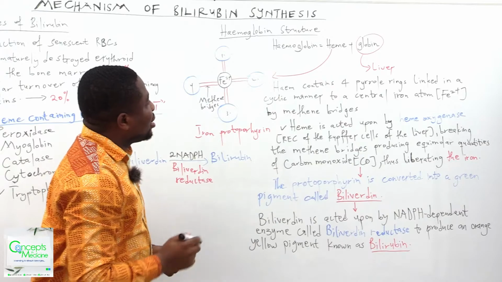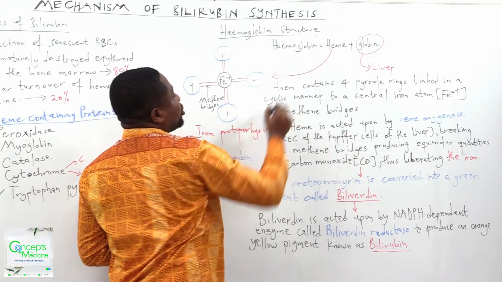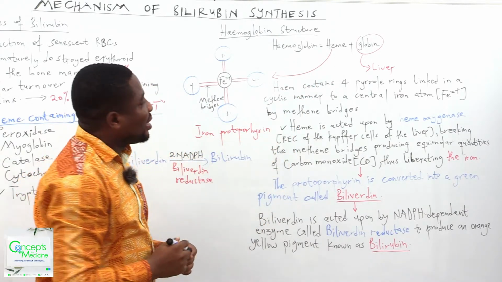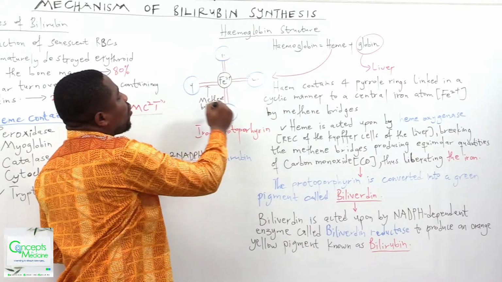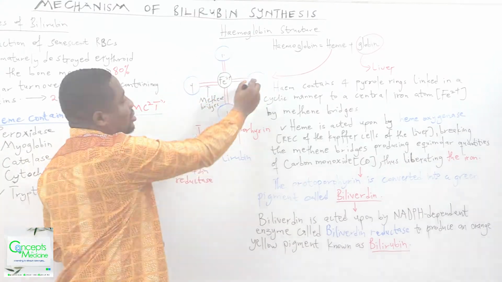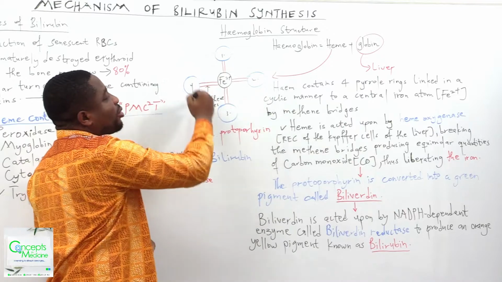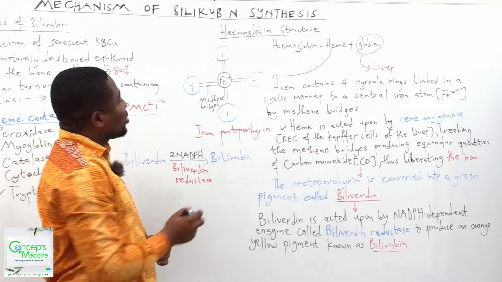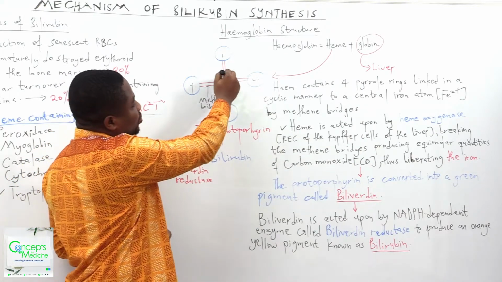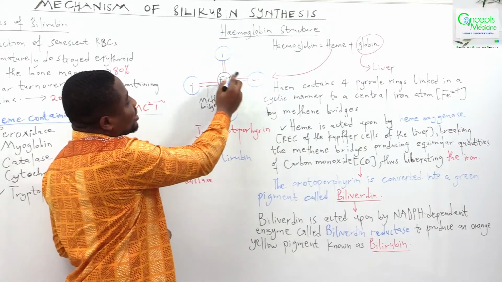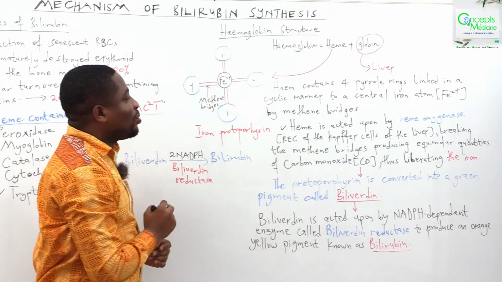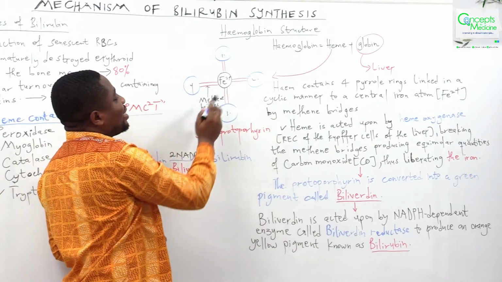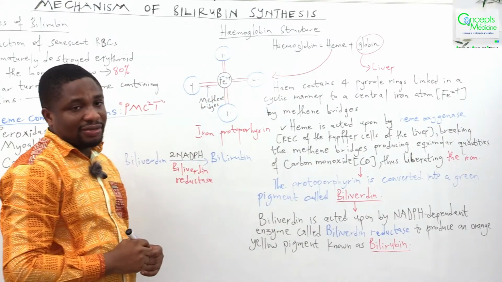The heme, which we also refer to as the heme moiety, is made up of 4 pyrrole rings, with a central iron atom, and the central iron atom is linked to the pyrrole rings by the methyl bridges.